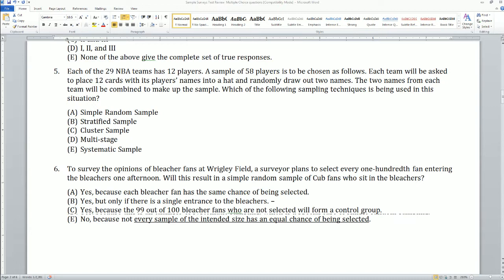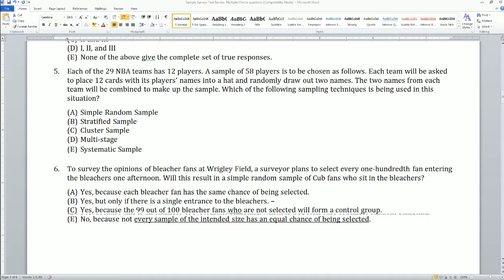Because on our little definition sheet, she just put like get a list of everyone, randomly select 100 names. Yes, correct. But you see how everyone has the same equal chance? But in this scenario, does everybody have an equal chance though? No, because there are some people who show up early and late.